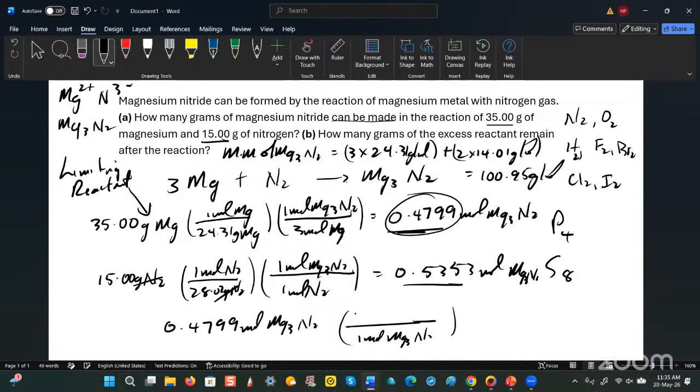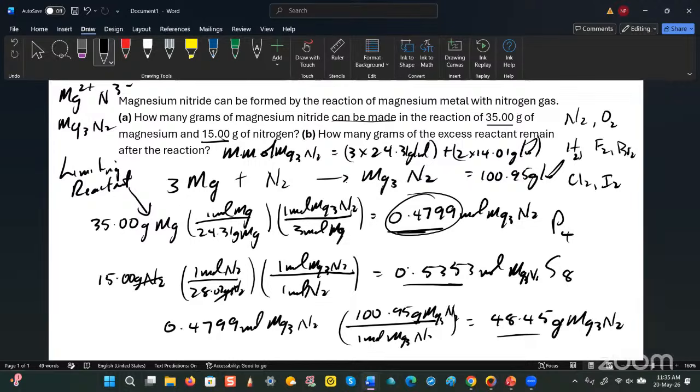So that number I'm going to put here, 100.95 grams of Mg3N2. Let's see what that gives when you multiply that by 0.4799. The answer I got, rounded off to 4 sig figs, would be 48.45 grams of magnesium nitride. All right?